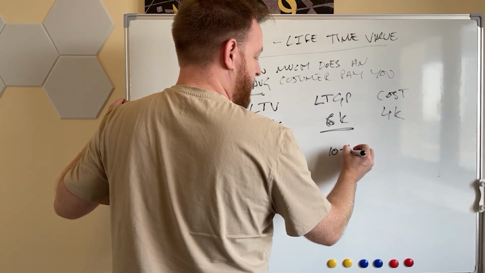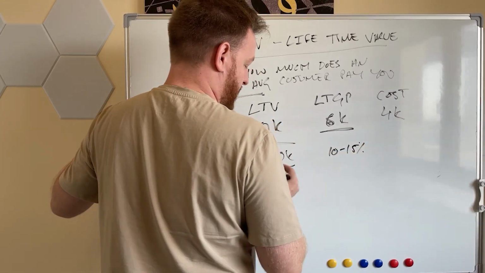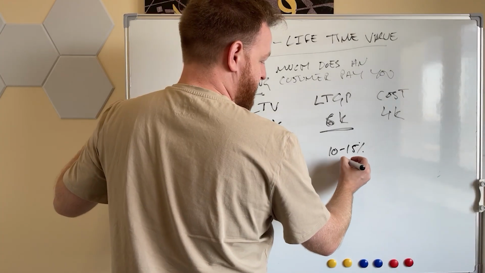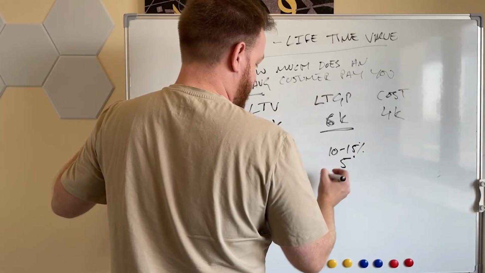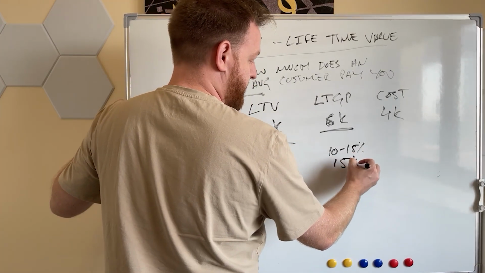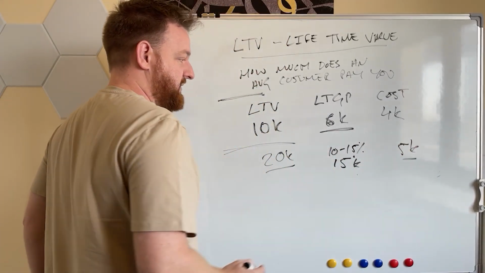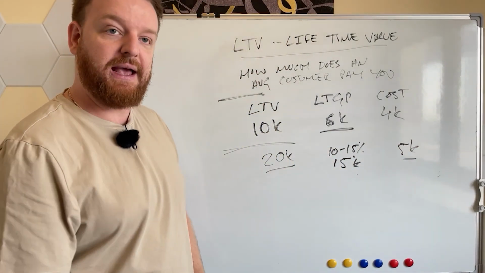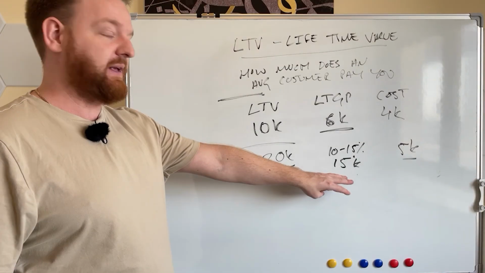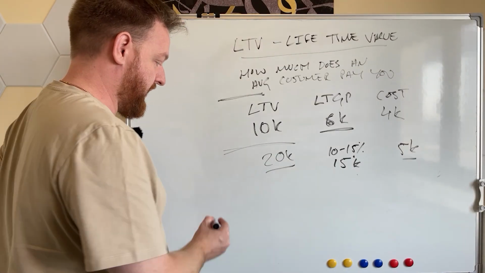It depends on the deal, but they're getting 10 to 15% of this. So to make these numbers easy, we're going to say they get 5K, which means our cost here is 5K. So it means we get about 15K in total as our lifetime gross profit of this customer.